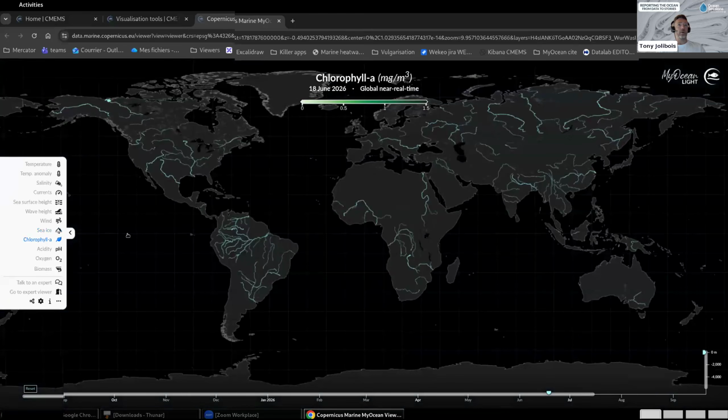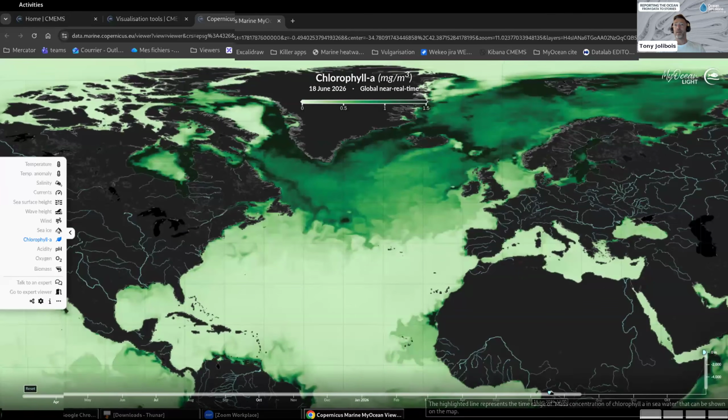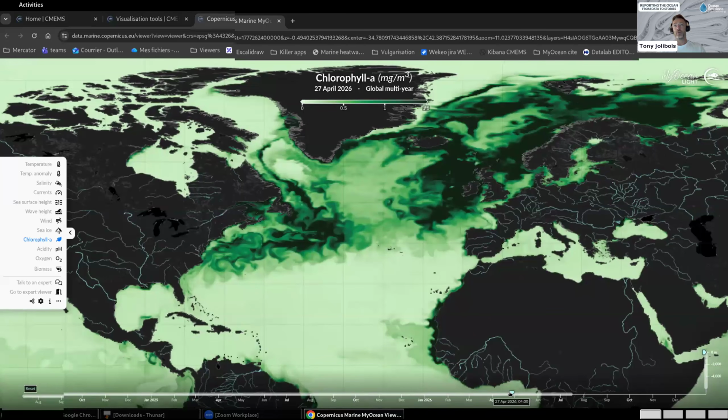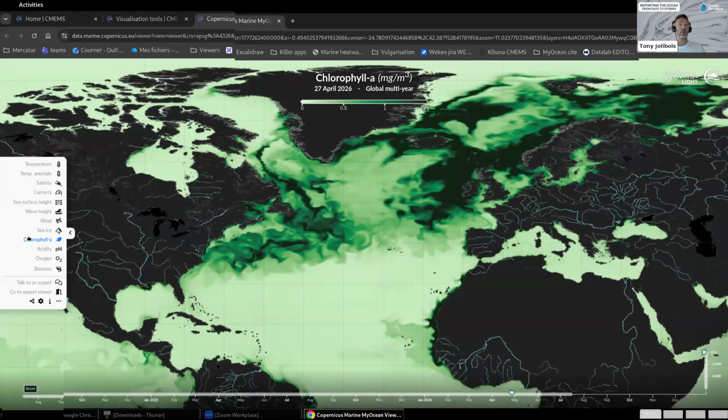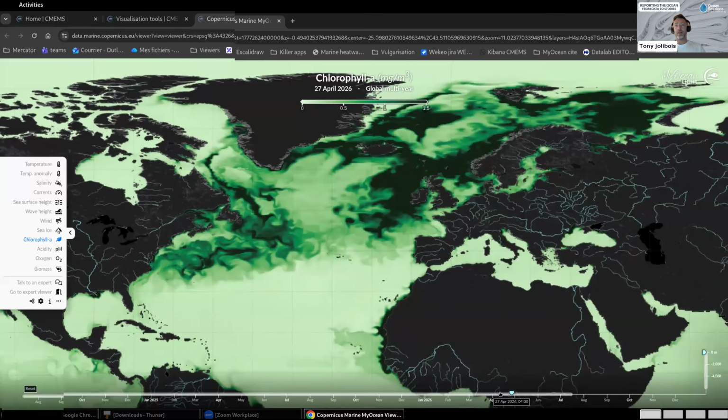Another story could be telling about the bloom of phytoplankton during spring, here with the high values of chlorophyll A in the ocean, representing more or less directly the phytoplankton masses.